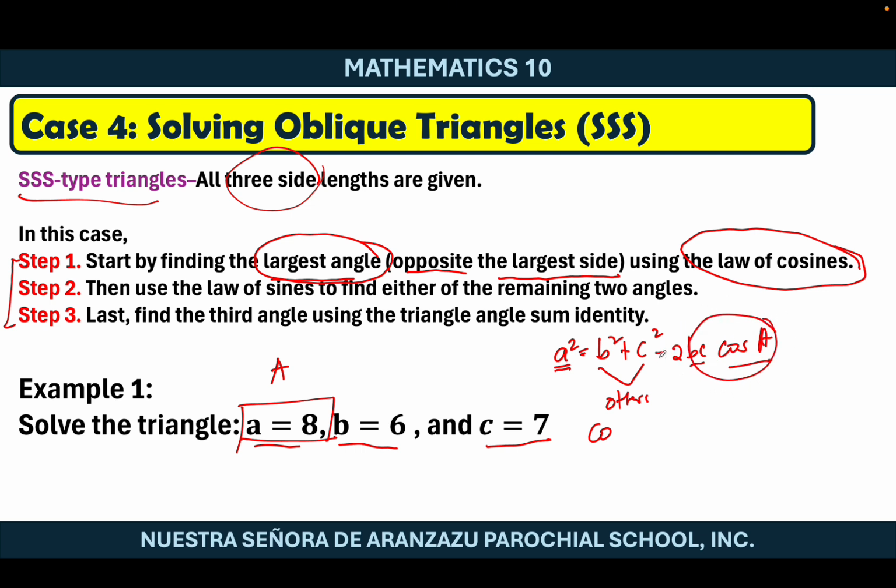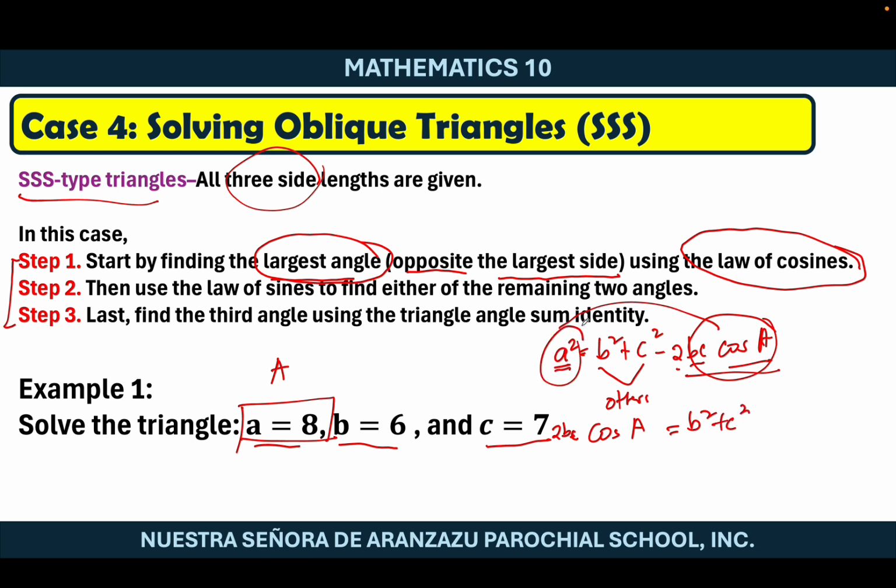Okay? This one, itong part na to, 2bc cosine A, will be transposed to the other side. So, that will become 2bc cosine A is equal to b squared plus c squared.